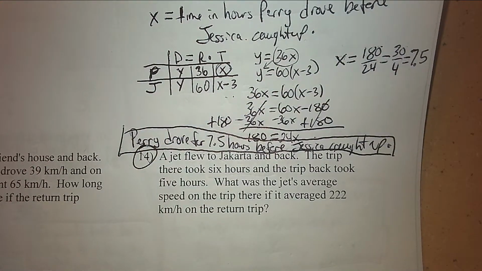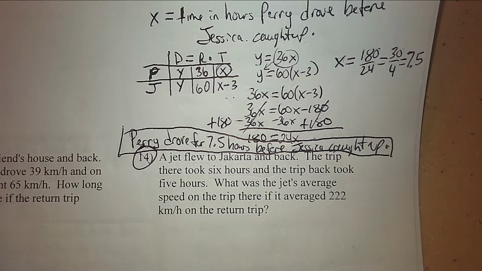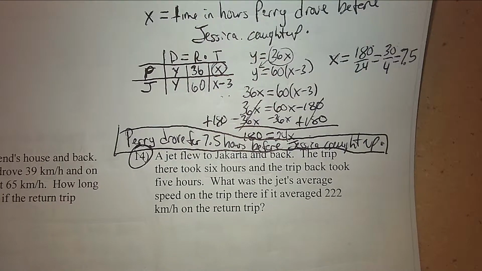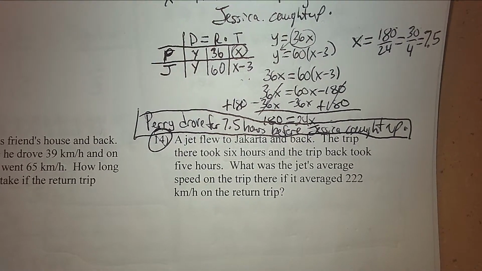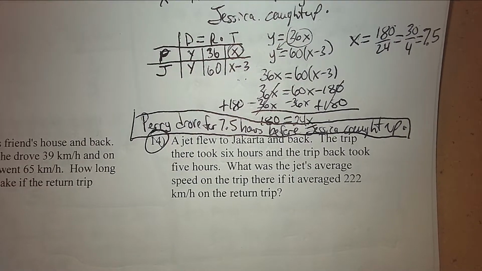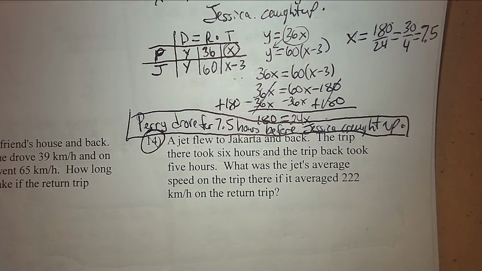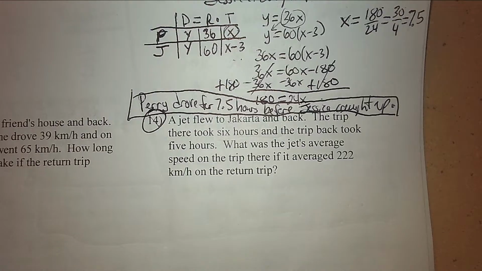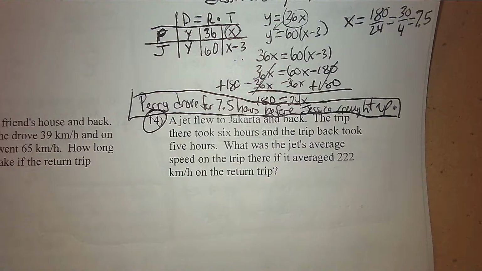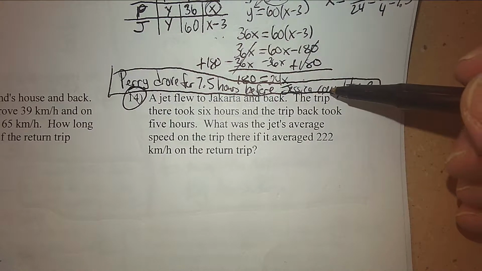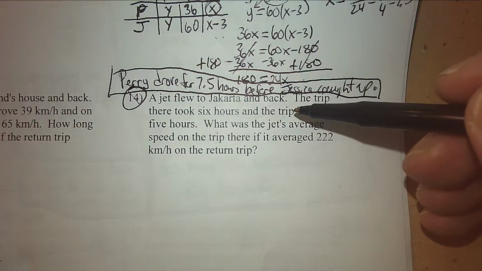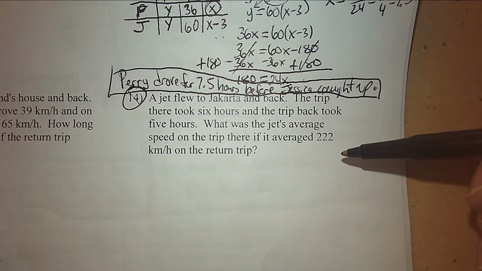All right, let's look at number 14 when you're ready. So, a jet flew to Jakarta and back. The trip there took 6 hours, and the trip back took 5 hours.